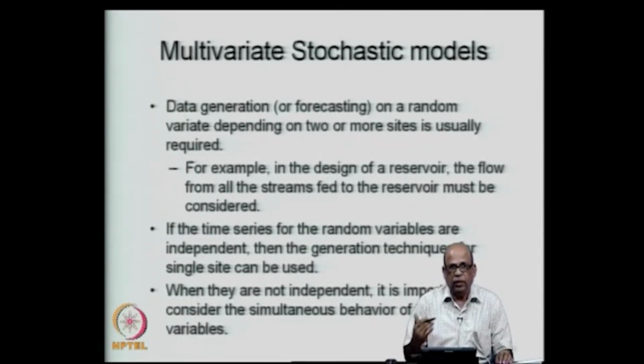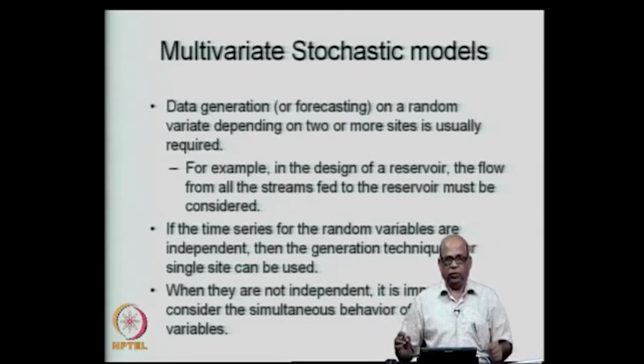Now, in the multivariate case, we are interested in data generation at more than one site. As I said, you are looking at the design of a reservoir at a particular location. Now, the flows may have been contributed by several random variables x 1, x 2, x 3, and therefore, you are interested in generating data at all these locations simultaneously.